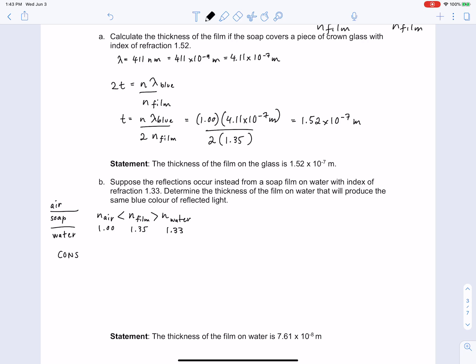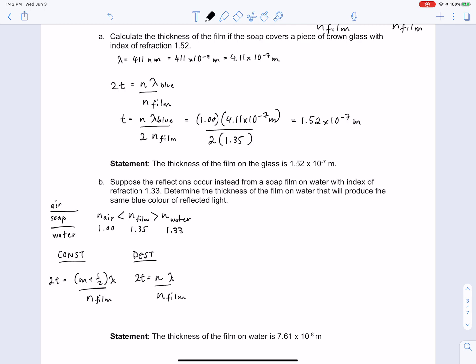So for constructive interference, we are looking at 2t is equal to m plus 1/2 lambda over n film. And for destructive, we are looking at 2t equals m lambda over n film.